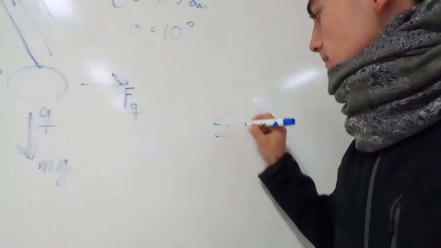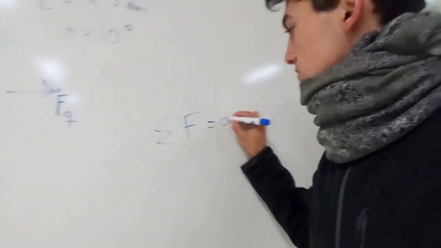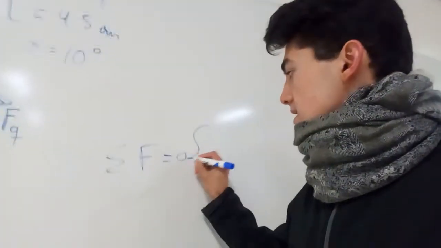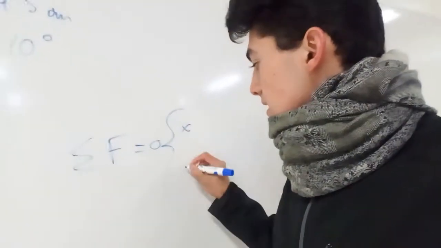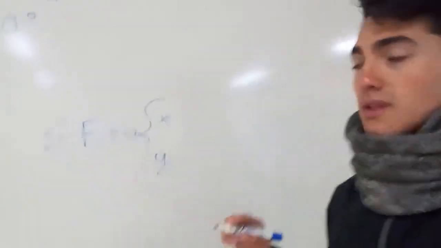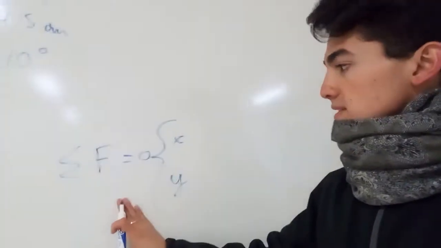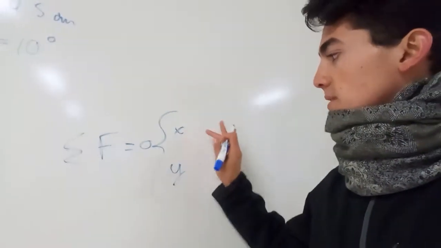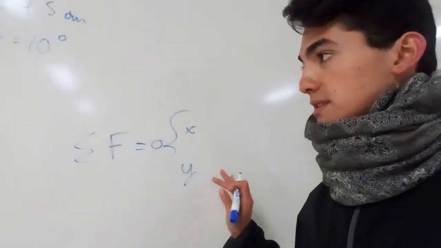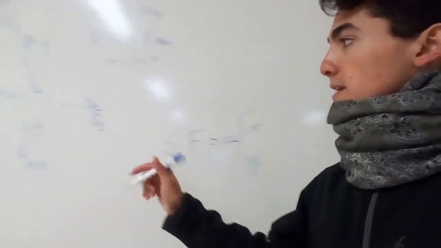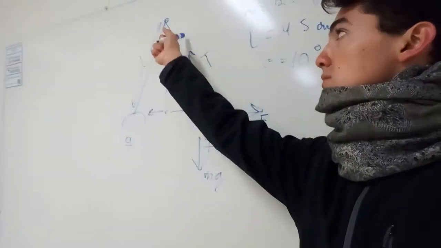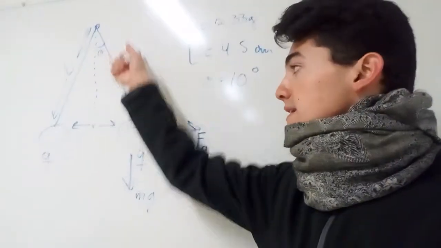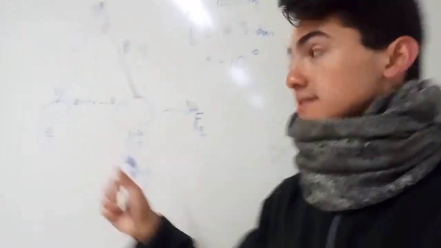For solving this problem, we have to know that the sum of the forces has to be equal to 0 in both axes, the x-axis and the y-axis. So for solving this, we have to determine all the forces in x and all the forces in y. We have this force in x and this force in y, but we have this one with an angle, so we have to determine the components in y and the components in x.